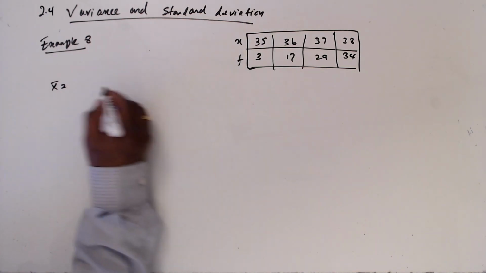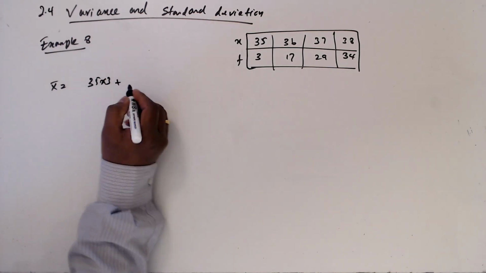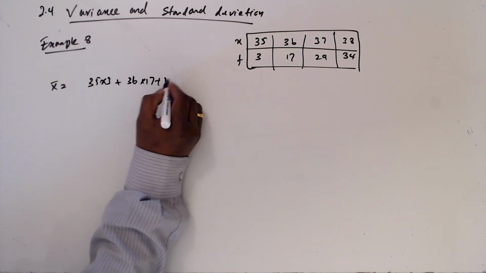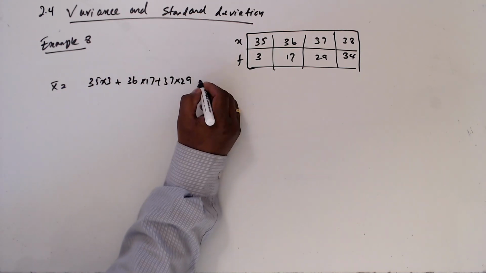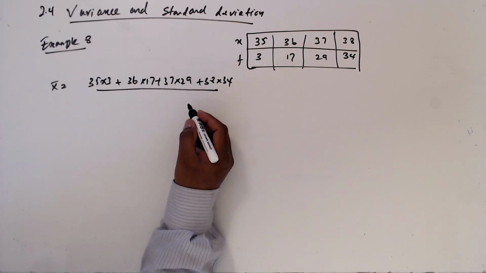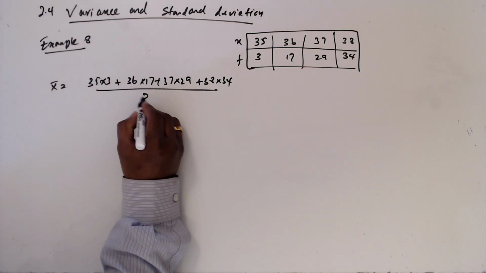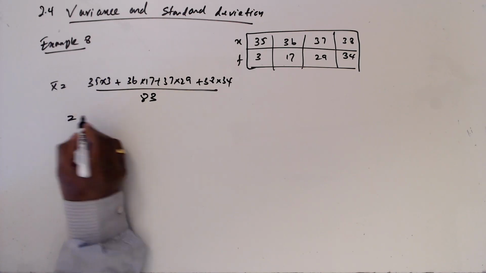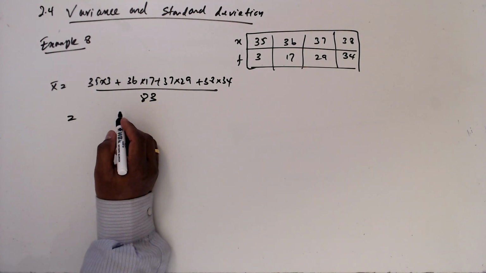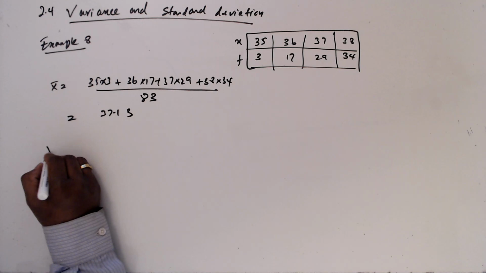So x bar is 35 days 3 times, 36 17 times, 37 29 times, and 38 34 times, and divide by the total number of days, equal 83. So this x bar is going to be roughly 37.13.